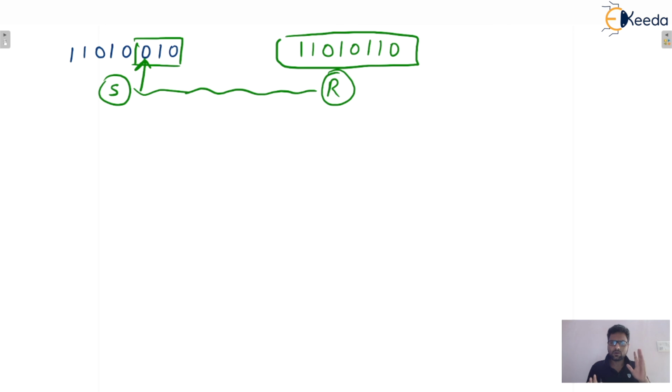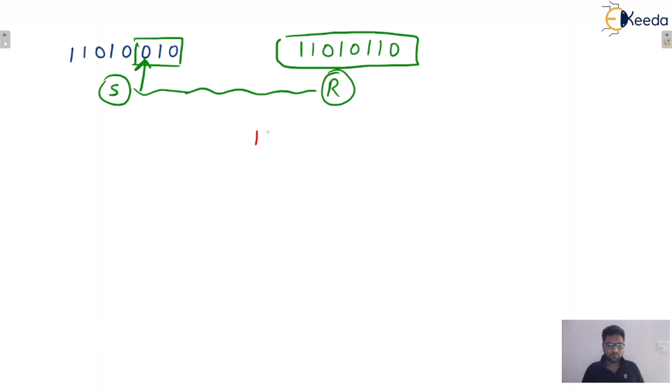Whatever the modification, either in the data or in the CRC, the receiver will ask for retransmission of the entire data, whether the CRC bits or the actual data bits got modified, isn't it? Because that is the safest assumption. So whenever an error is detected, the receiver will ask for retransmission of the entire data.